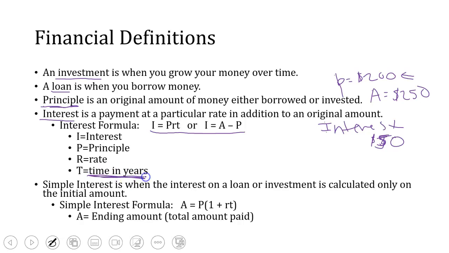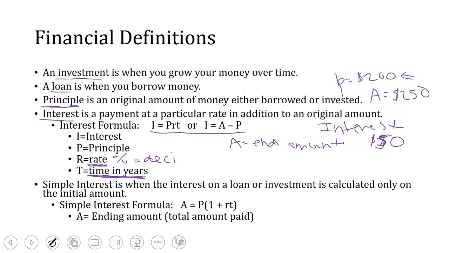Again, remember, we always have to convert time into years. And for your rate, if it is a percentage, then you need to convert it to a decimal before you can multiply. Or you have the interest equals A minus P. The A is our ending amount.